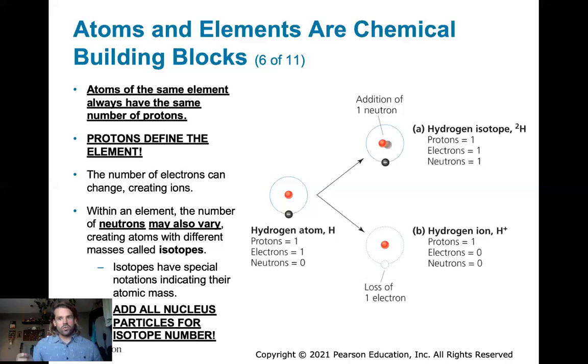To create those notations, all you do is add up all the nucleic particles to get the isotope number. So H2 has 2 particles in its nucleus, okay? If that was tough to understand, we're going to go through a few more examples, and hopefully by getting some repetition on this, we'll have a better understanding.